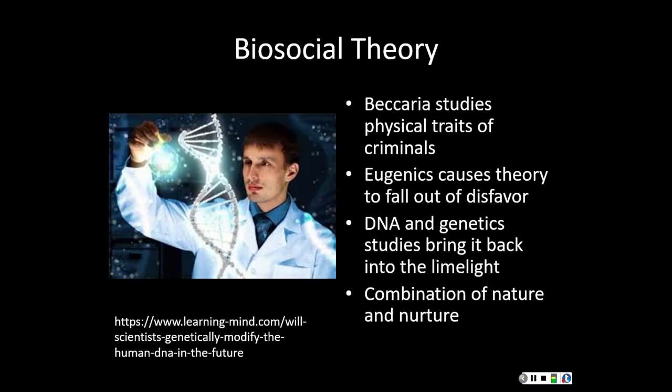The latest theory that has come out, well, actually, it's an older theory that's been given new life, is biosocial theory. And biosocial theory actually originated in Italy around the turn of the 20th century by a gentleman by the name of Cesare Beccaria. What he did was he tried to distinguish criminals from non-criminals by looking at physical traits.